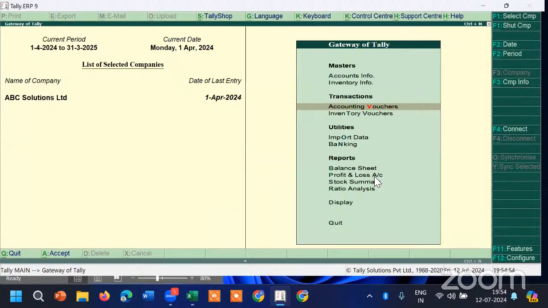Go to gateway of Tally, show the procedure, how you reach that. If possible, try to learn by heart this gateway of Tally front page. In case you think that your theory is a little on the lower side, you can just draw this first page. Clear? Under Masters, two items are there, account and inventory.